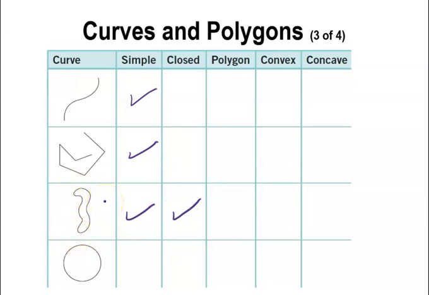And you ask yourself, where does it start or stop? Doesn't matter. If you pick any spot and trace it, it comes right back to it. Is it a polygon? No, it doesn't have straight edges. Is it convex? No. You know why? Because it's concave. If I pick any 2 points, or pick those 2 points and draw a line, it comes outside of the shape. Therefore, it is concave.